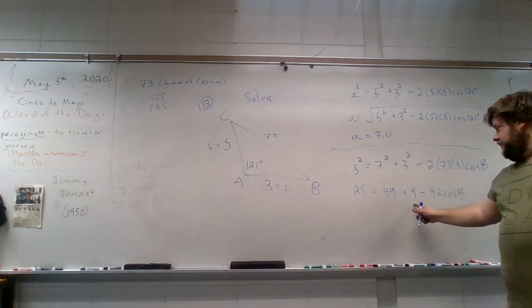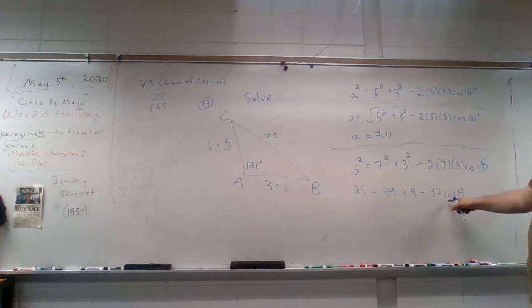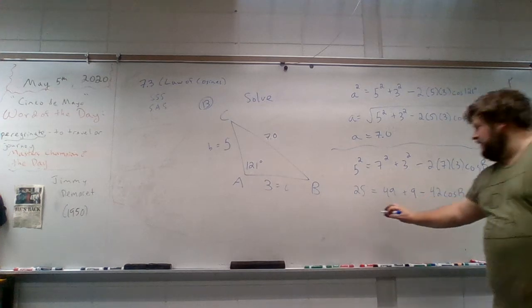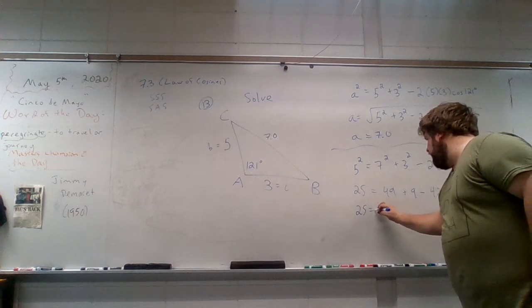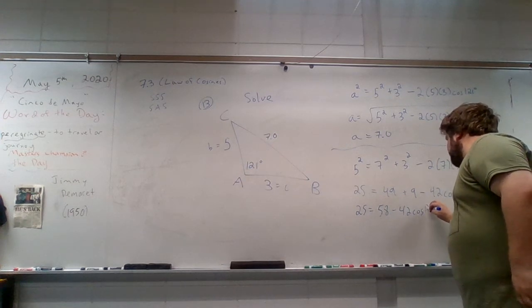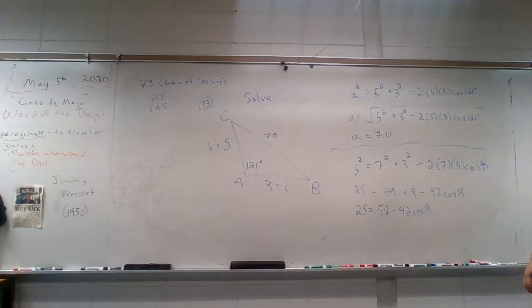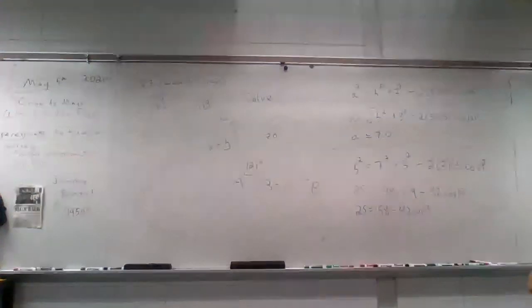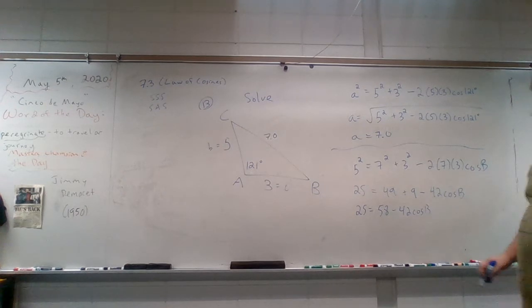So if I do that, notice this 42 is multiplied with the cosine. So when I combine these numbers here, that's 58 minus 42 cosine of B. Subtract this 58. I think that's going to be negative 33.